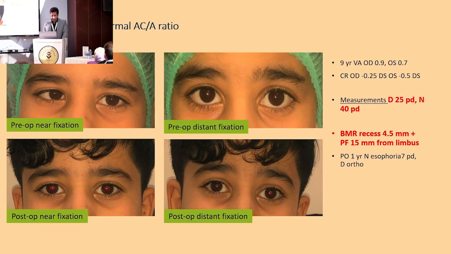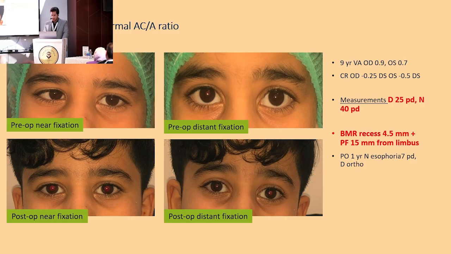Another patient with a normal ACA ratio has alternating esotropia, with no significant refractive error. If you look at the picture, when the patient has near fixation there is quite a significant right esotropia, while with distant fixation we can see that the esotropia is much less. It measured 25 prism diopters with the prism alternate cover test for distance, and 40 prism diopters for near fixation.